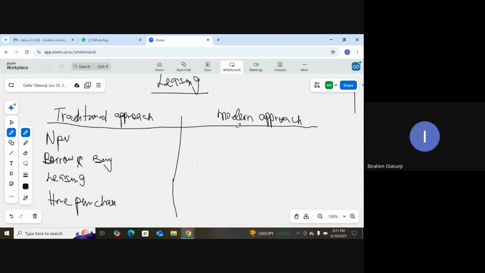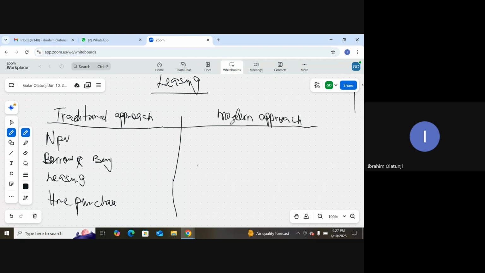If the question is playing around investment, you know you have to start with NPV, in terms of acquisition. So you start with NPV, followed by borrow and buy, followed by leasing, and followed by hire purchase.